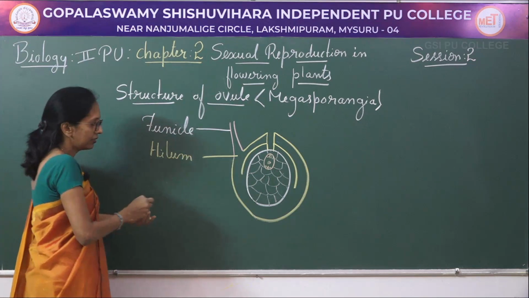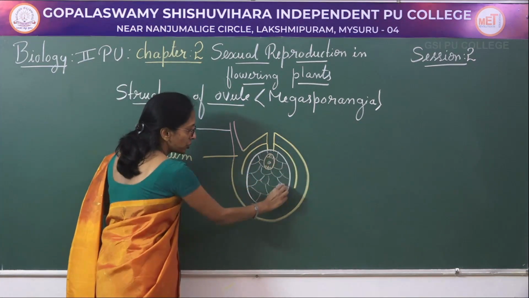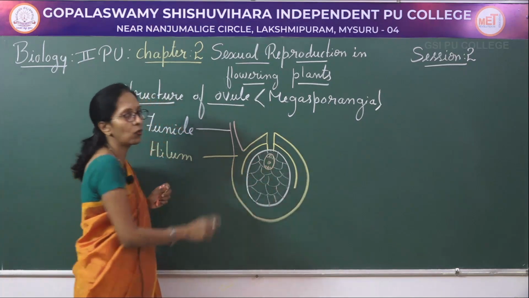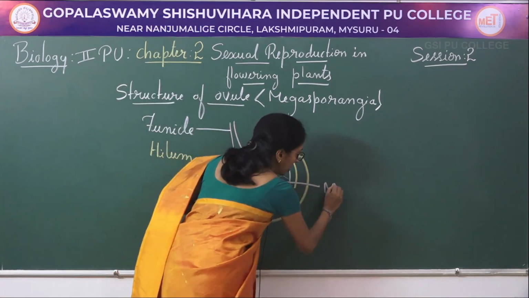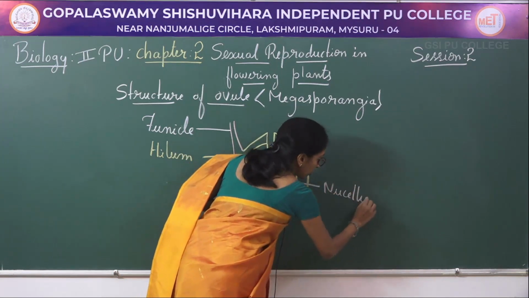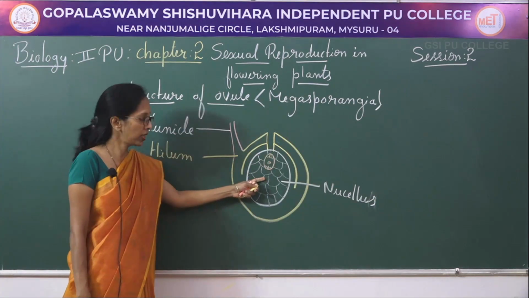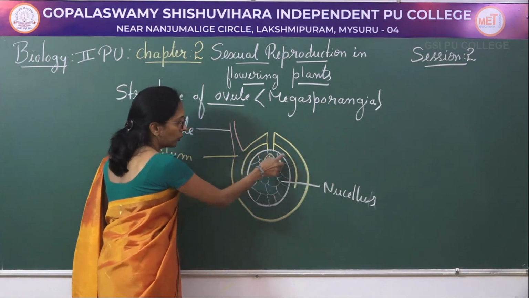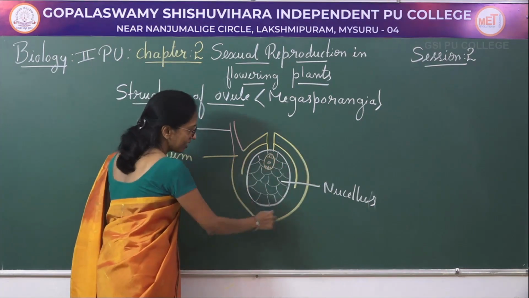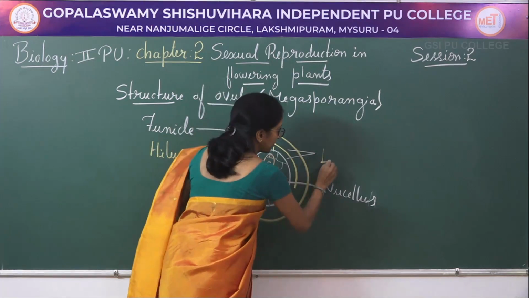And then this is the main mass of the tissue that is present in the ovule, and this main mass is said to be nucellus. Nucellus is covered by two layers, and these layers are said to be integuments.